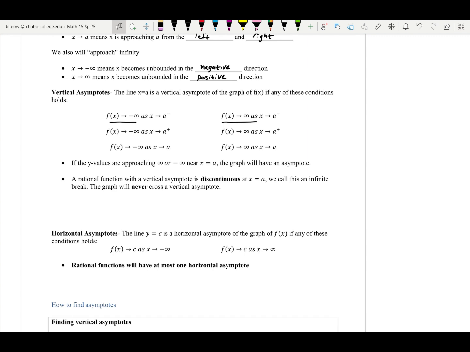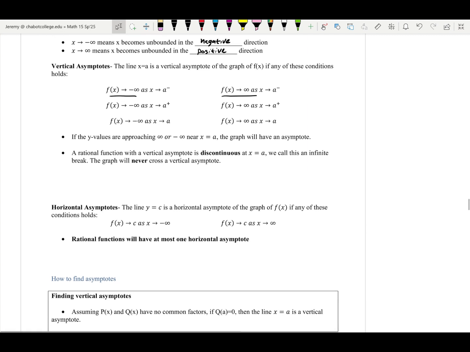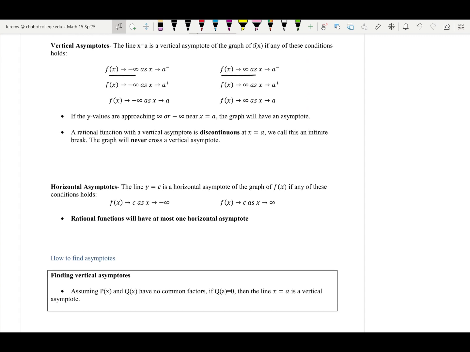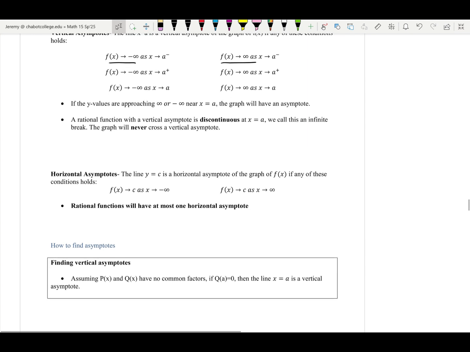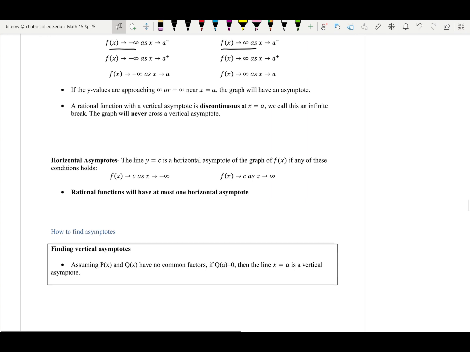In other words, if the y values are approaching positive or negative infinity near x equals a, that means we have a vertical asymptote at x equals a. Okay, and at that asymptote, the function will be discontinuous, meaning we couldn't draw the curve without picking up our pen. There is a break in the graph. And we call this an infinite break. All right, so we'll see this in examples very shortly.